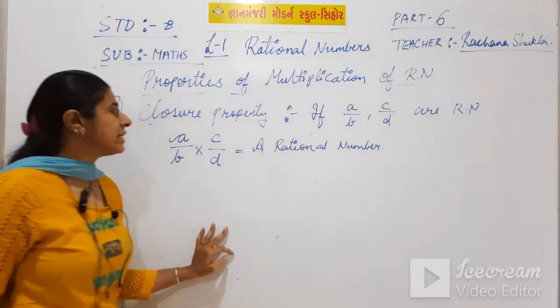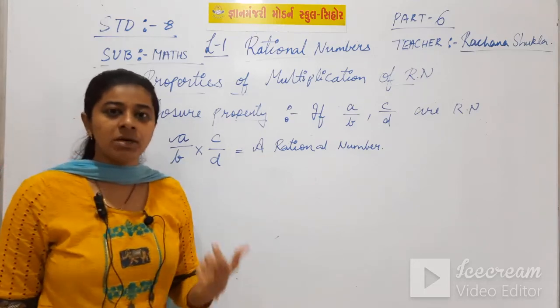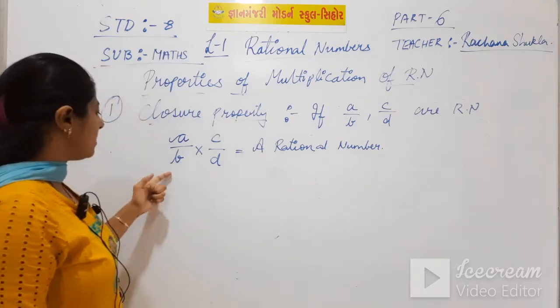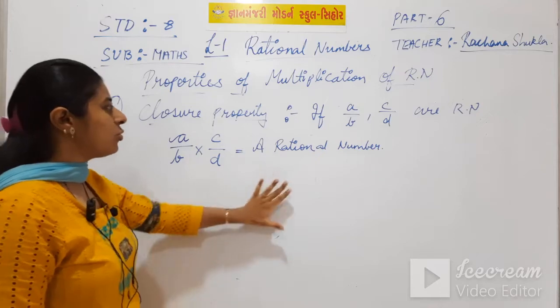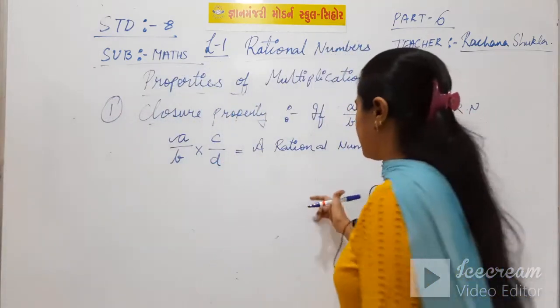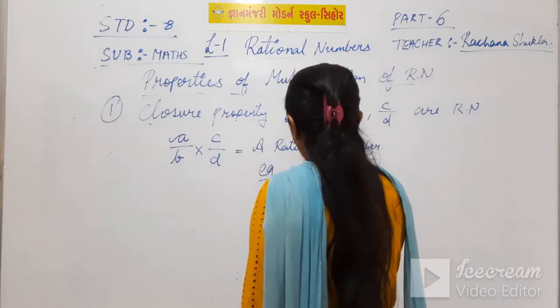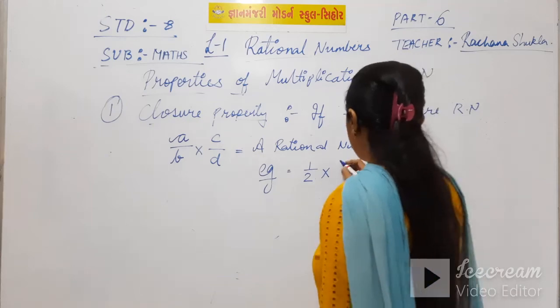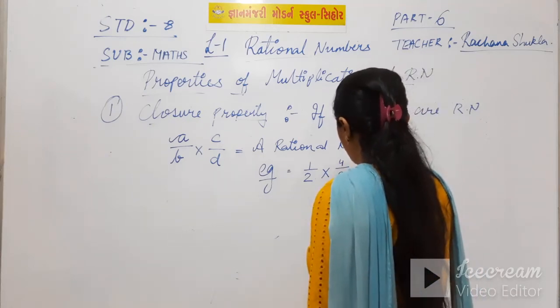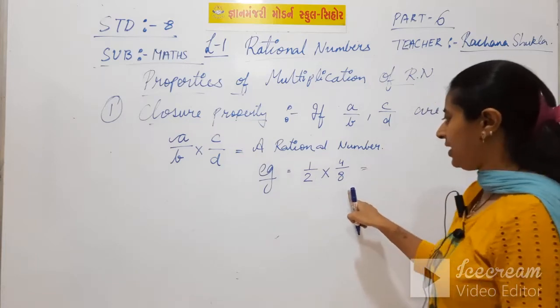I repeat once again, students, if you multiply two rational numbers, that is a upon b and c upon d, you will get a rational number as your answer. Let's see an example. 1 upon 2 into 4 upon 8.